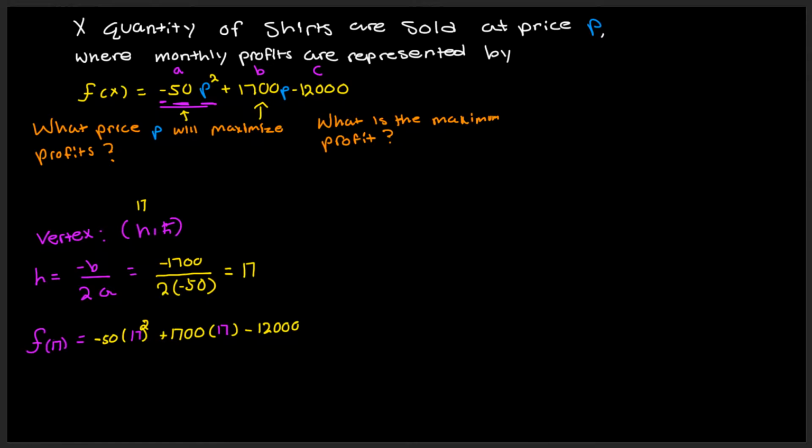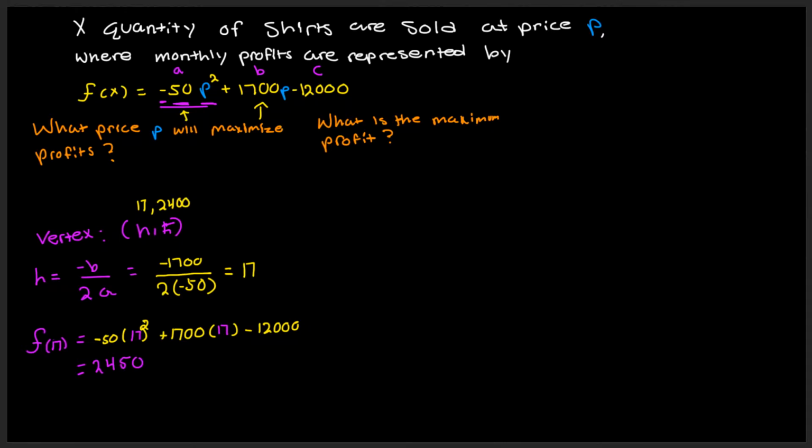Okay, so if you go ahead and put this in your calculator, unless you're insane, you should get 2,450. Now what this tells you is that your vertex is at the horizontal of 17 and the vertical of 2,400.